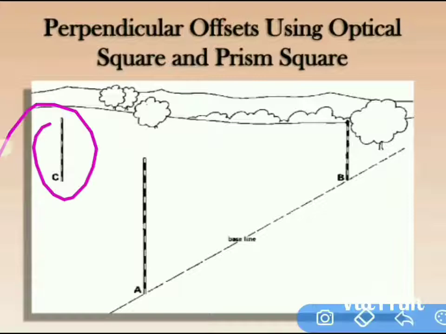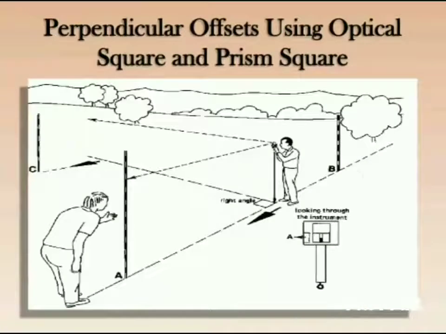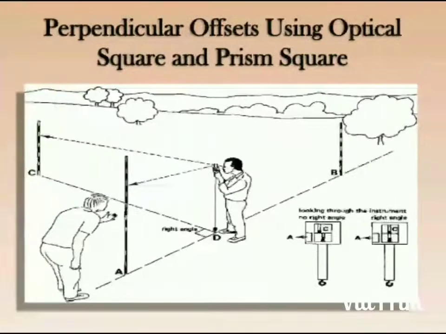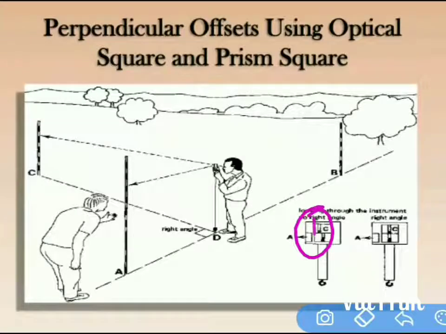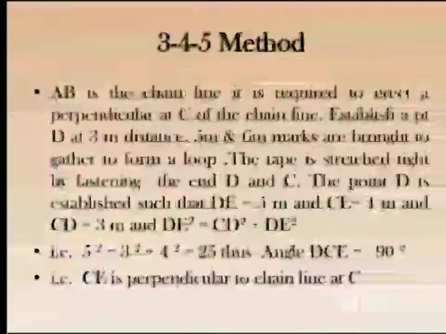In this way we are getting perpendicular offsets from the baseline, right? Clear? Before, we can observe that C and D are somewhere different, but after setting the perpendicular offsets they come to a straight line. Clear? We are adjusting like that.